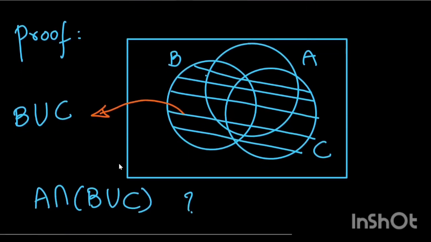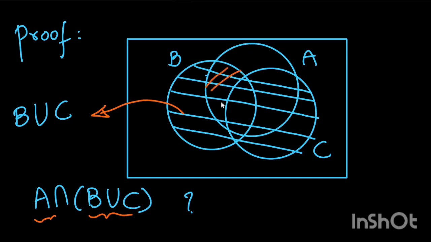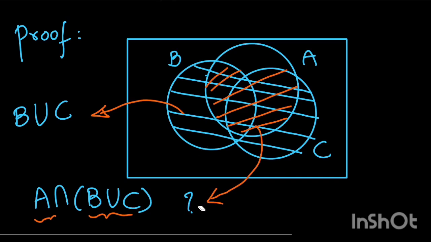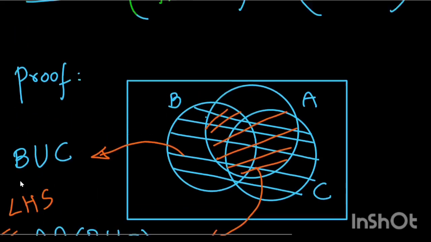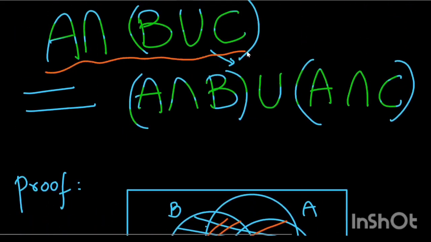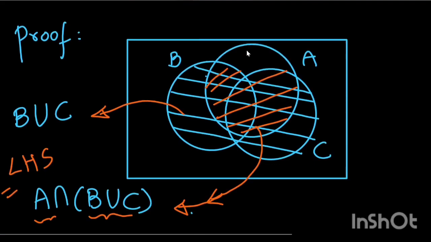Now if I take B union C intersection with A in the given figure, A is this circle, so this area would be A intersection B union C. This is the area. So this is the LHS we did. LHS part is shaded in this red region.